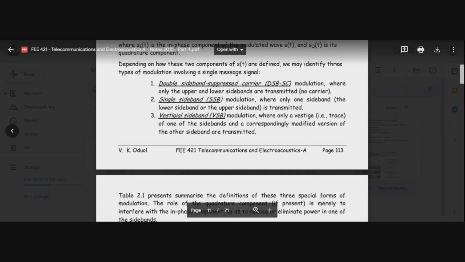So in order to go around the problem of single sideband requiring a filter with a sharp cutoff, which is impossible, we have another version called vestigial sideband, where a small piece of the other sideband is left.